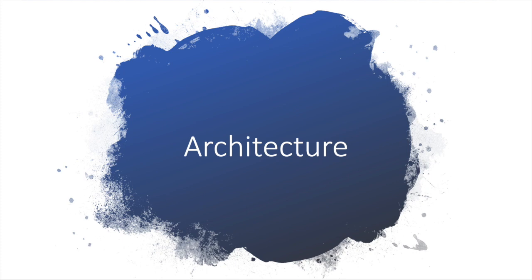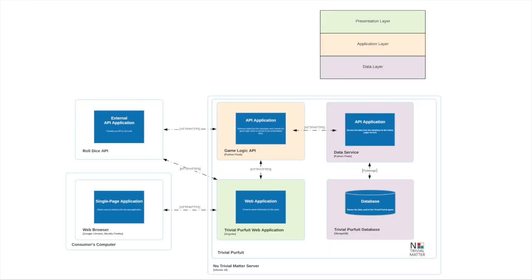We'll now cover the architecture of our Trivial Pursuit application. As mentioned before, our architecture is split into 3 layers: a presentation, application, and data layer. Please refer to the legend in the top right of the screen as the layers are color-coded in the diagram.